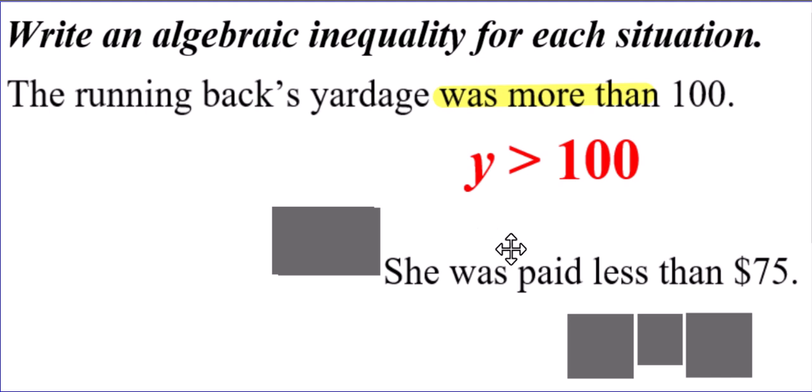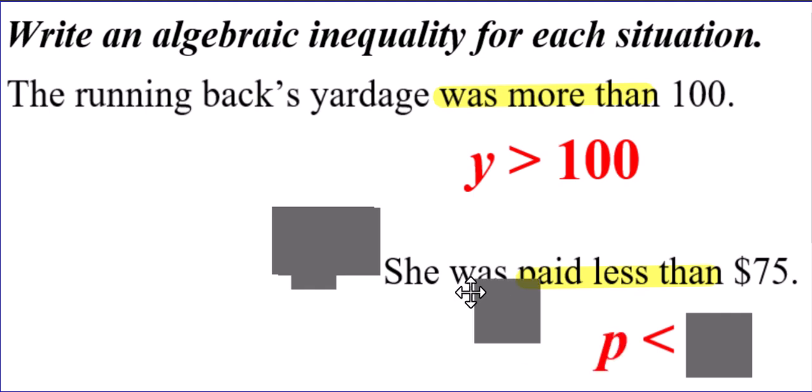Next one, she was paid less than $75. You saw the phrase less than. She was paid, that's the verb we're using here, less than. Okay, the less than symbol looks like the L rotated a little bit. But to the left of that, she was paid. Do we know exactly how much she was paid? No, we do not. So call it a variable, probably P for the amount she was paid.